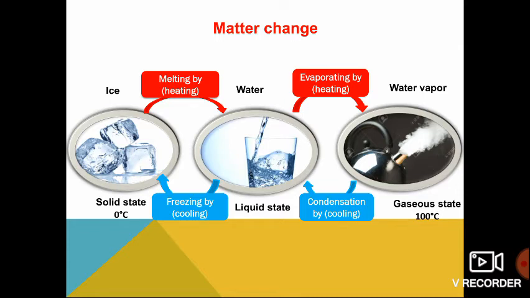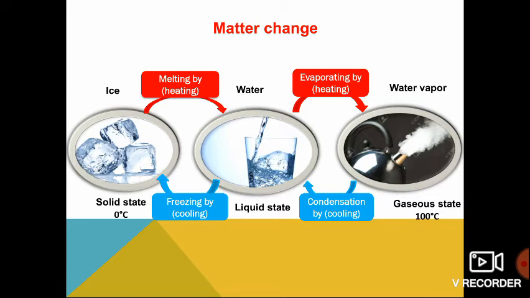Then we can change from water to water vapor. When we put this water on fire, it will evaporate into water vapor and convert into the gaseous state at 100 degrees centigrade. To convert from the gaseous state to the liquid state, we expose this water vapor to a cold surface.